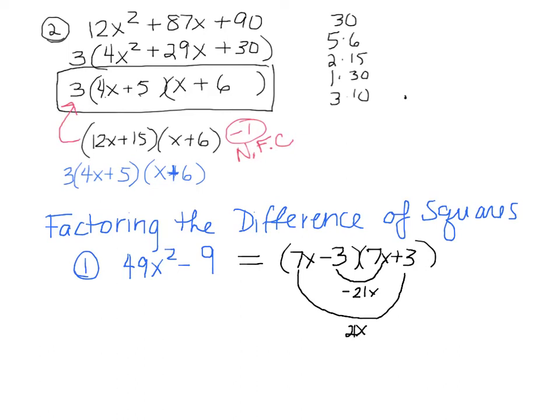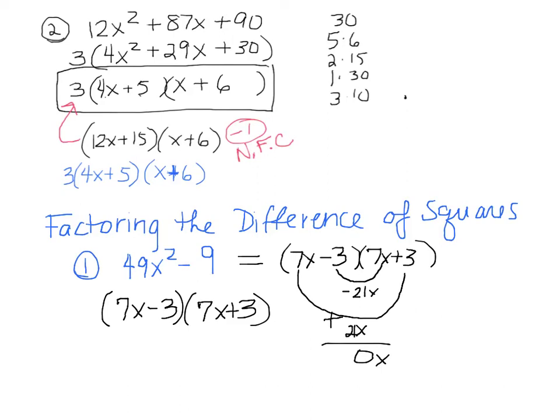And when I add them together, it's going to give me 0x, which is just plain 0. So I know that that does indeed work. And so again, I just need to get rid of what's down here, or write down that the final answer is 7x minus 3 times 7x plus 3. So a difference of squares.